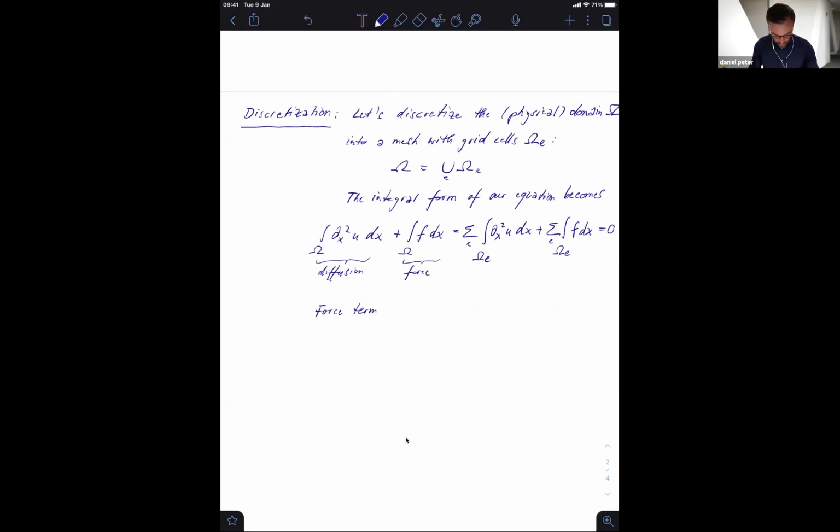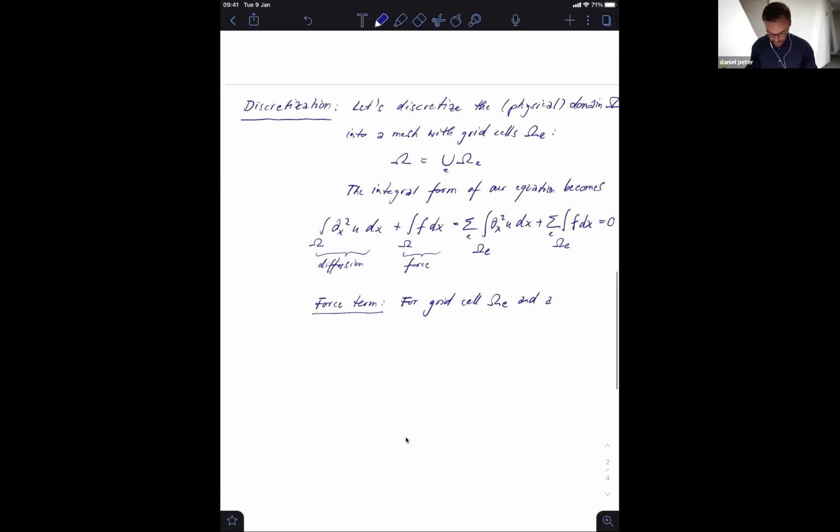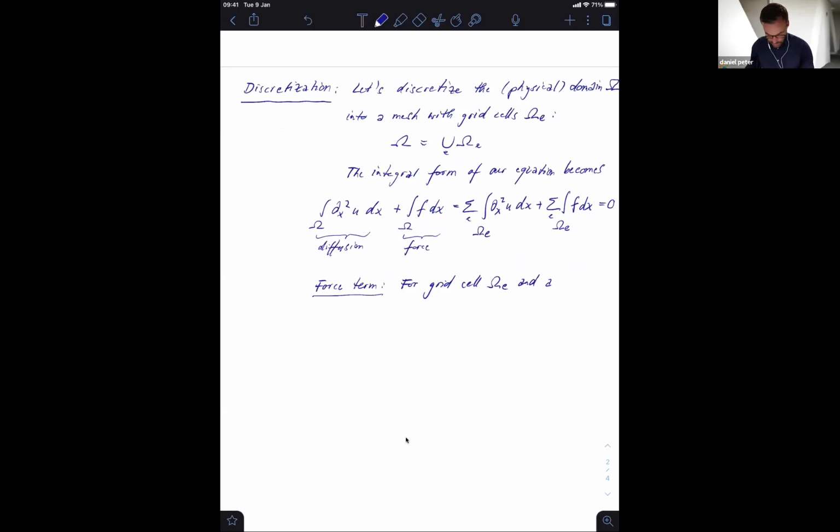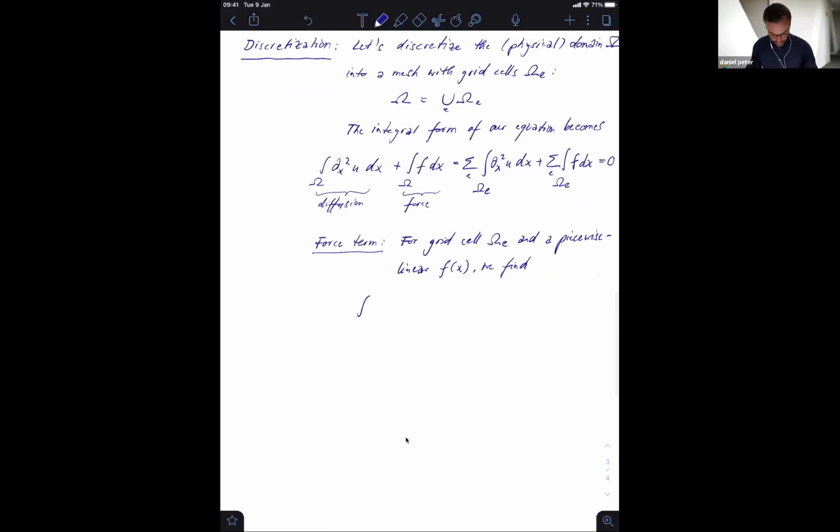So the force term, let's look at grid cell Omega E. And again, let's make the problem simple and assume that we have a piecewise linear force term f of x. What do we find? Well, we can have the integral over E of f of x dx.